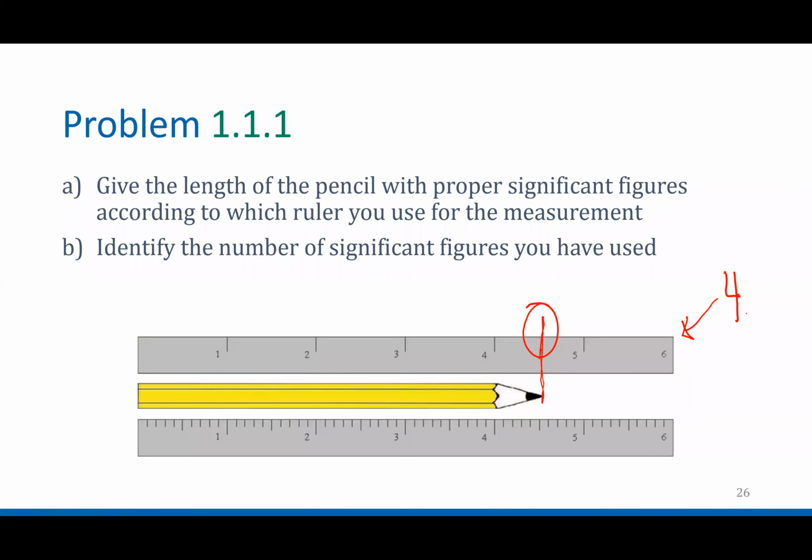So personally, I would be happy with people saying 4.5 or 4.6 centimeters. If you said 4.4 and this was a test, I probably wouldn't take off a mark, but it looks to be over halfway to me. Again, the word is subjective. There's going to be some variance, but this, guys, has 2 significant figures.